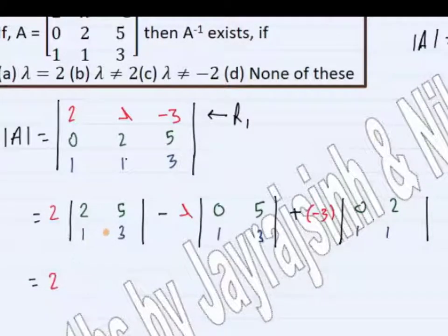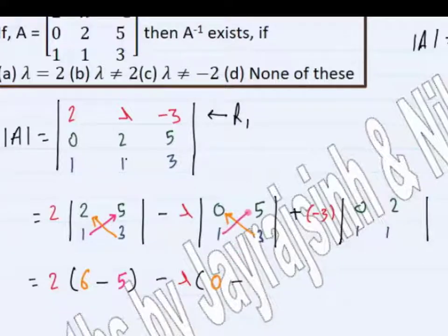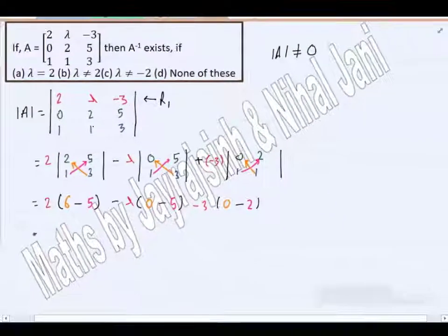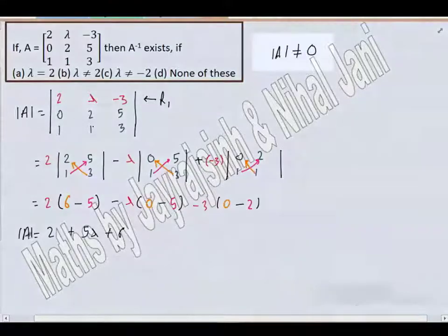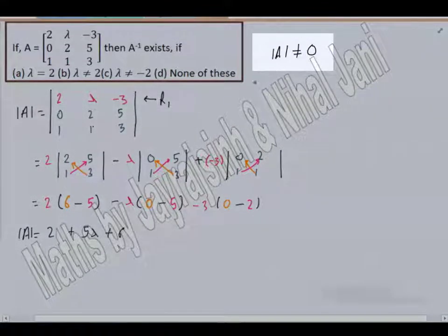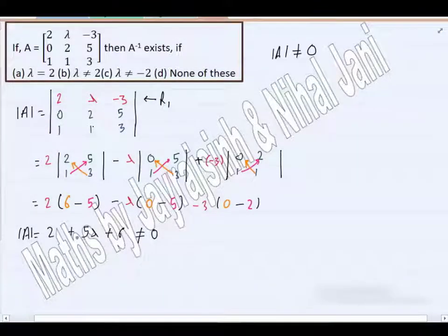2 will be as it is, then 3 2s are 6 minus 1 5s are 5, then minus lambda will be as it is, 3 zeros are 0 minus 5, and minus 3 will be as it is, 0 minus 2. Here we will get 2 plus 5 lambda plus 6, which is your determinant of A. Now, we know that determinant of A is not equal to 0.